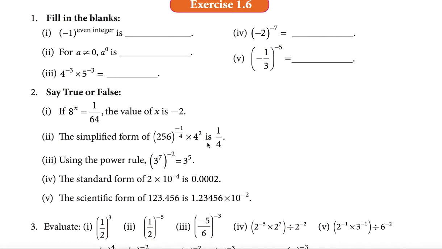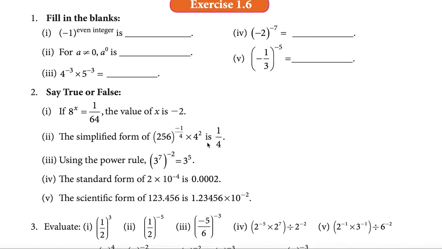Right. The simplified form is 4 power 4, 1 by 4. No, answer is 4.